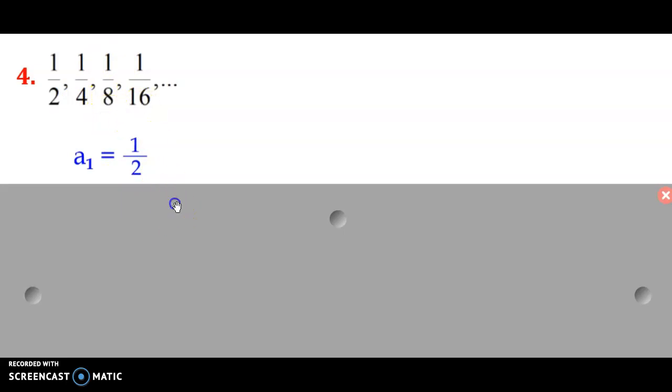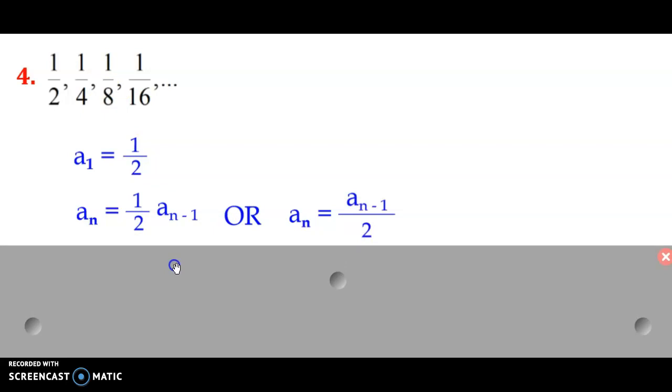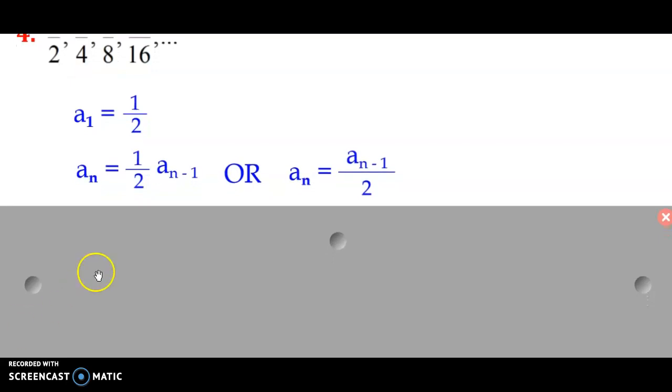It's actually pretty simple. I'm just multiplying by 1/2 repeatedly. So you can do something like this, where you say 1/2 times a sub n minus 1, or you're going to have those people who want to say, well, I'm just taking the previous term and dividing it by 2. Both work, and both should get you okay answers.